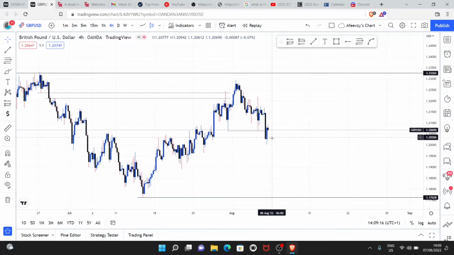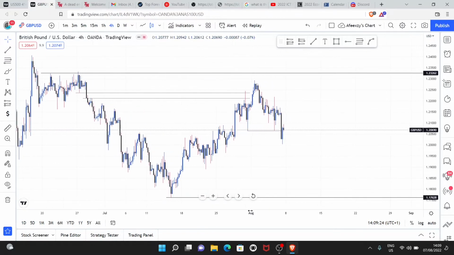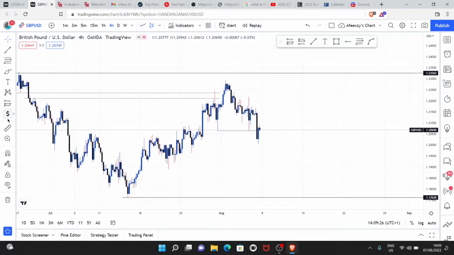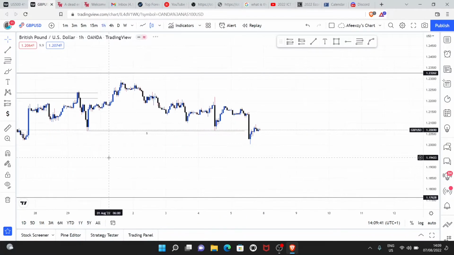So this might also be a grab of liquidity, but let me go to the 1-hour time frame to make a real confirmation of what's really happening. So let me just mark this as a grab of liquidity here, and a structure change, grab of liquidity. Let's go to the 1-hour time frame.